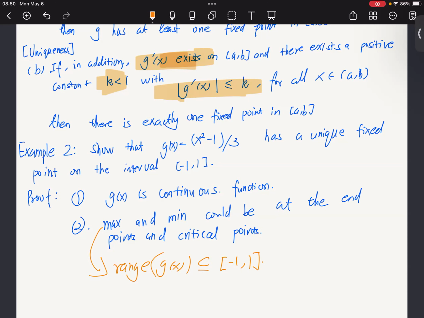We require that this range be a subinterval of [-1, 1]. This is the second step, and we are going to do this next time.